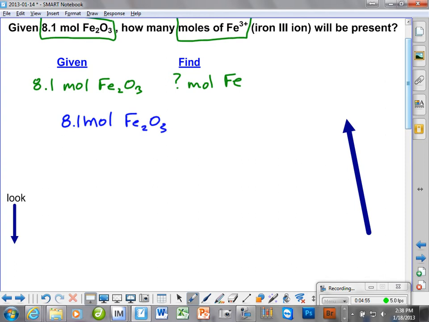Fe2O3 over, yes indeed. That's the way we start all of our problems. All right, now, to do the next one, we have to get a mole ratio that tells us how Fe2O3 relates to, what are we looking for? Iron.